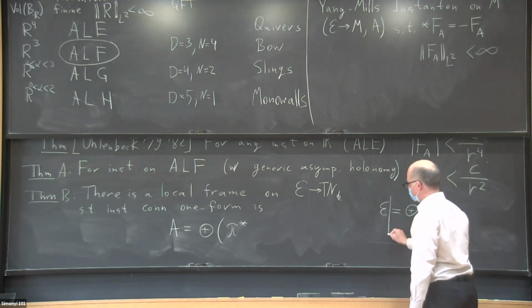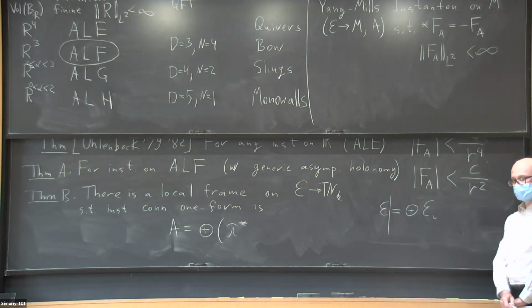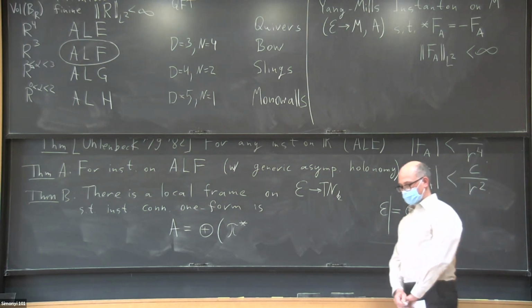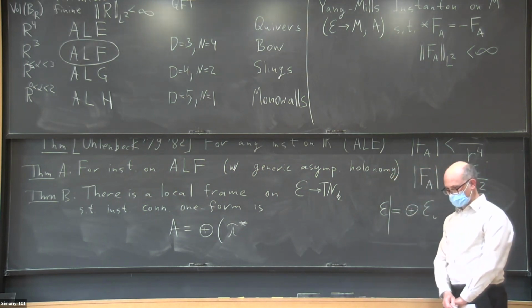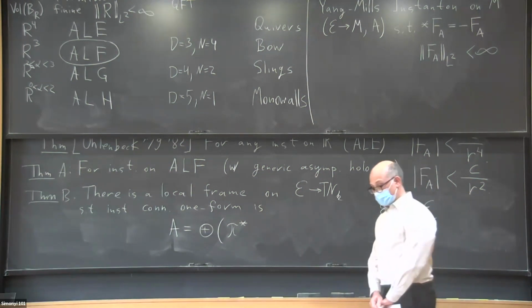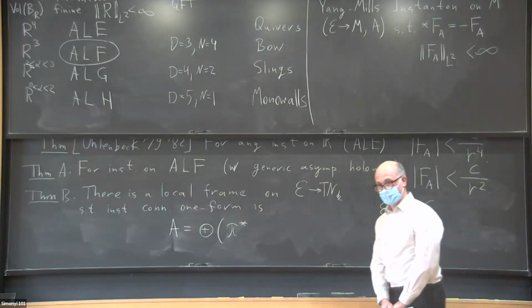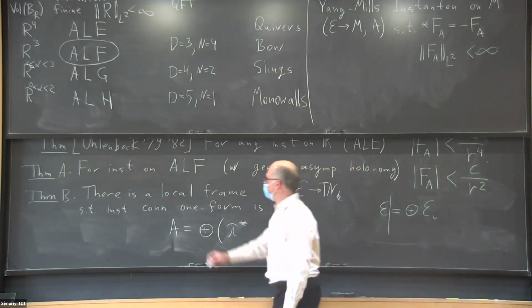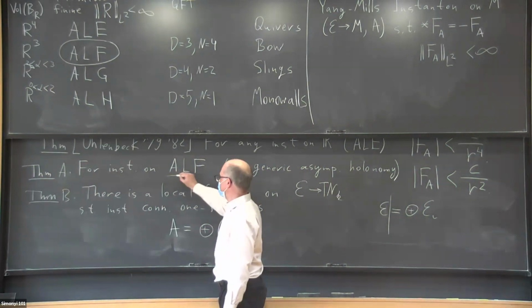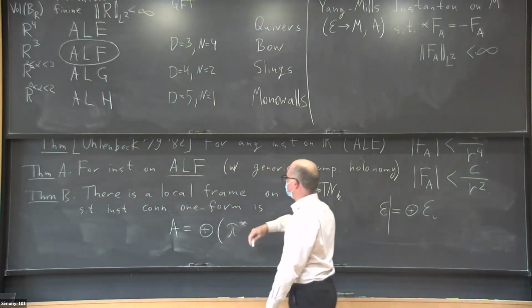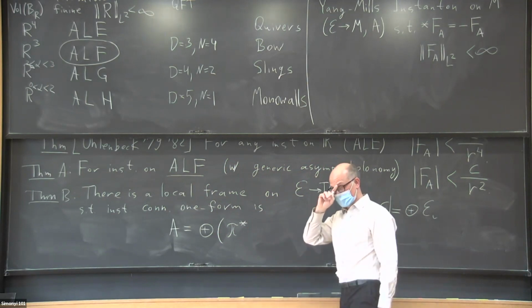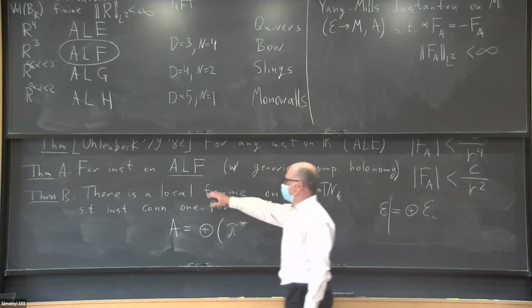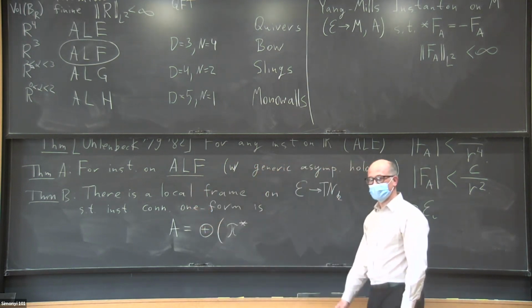So your analysis starts out by assuming just that the curvature is finite, and from that condition there will be some finite K for which this is true. Right? When we start out, there's no K. Well, we start out on some space. You're classifying ALFs with finite curvature. You fix some ALF, and then you look at some bundle and some connection on it, such that the connection is self-dual.